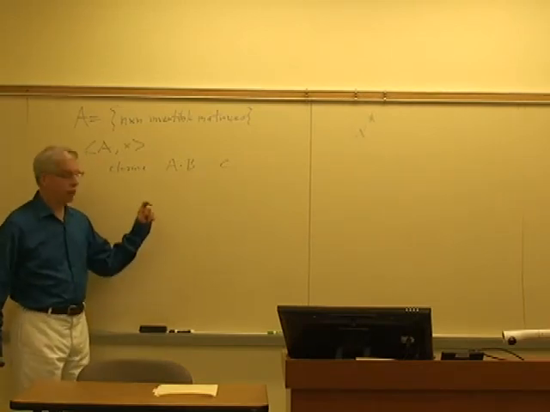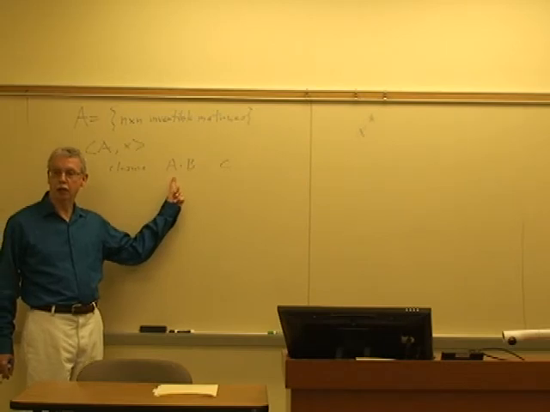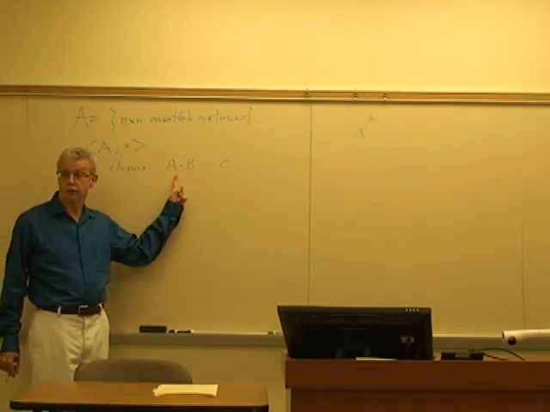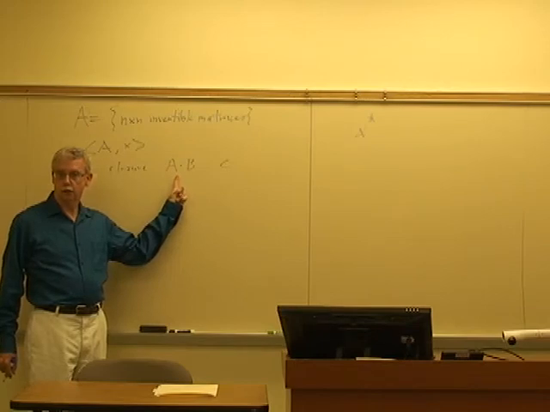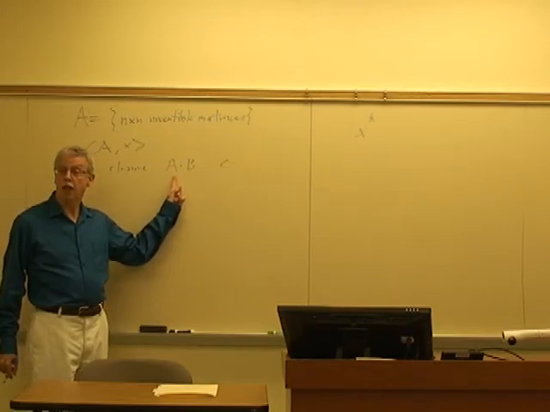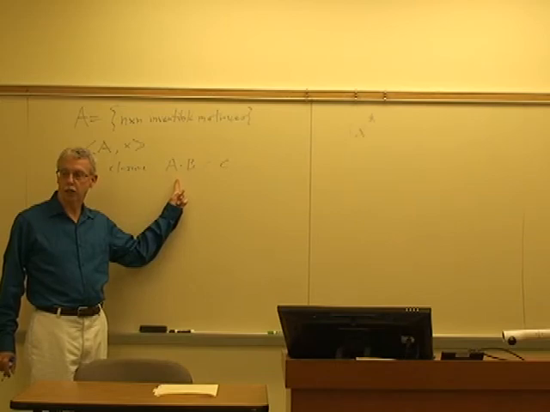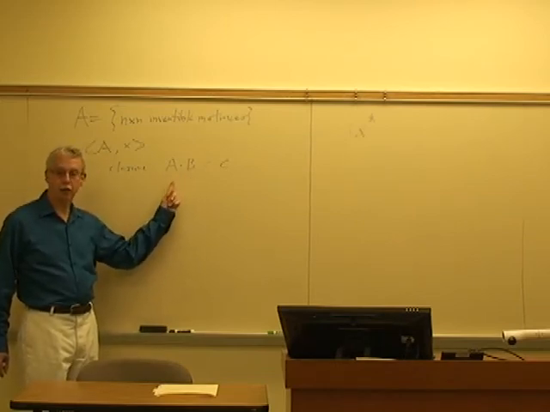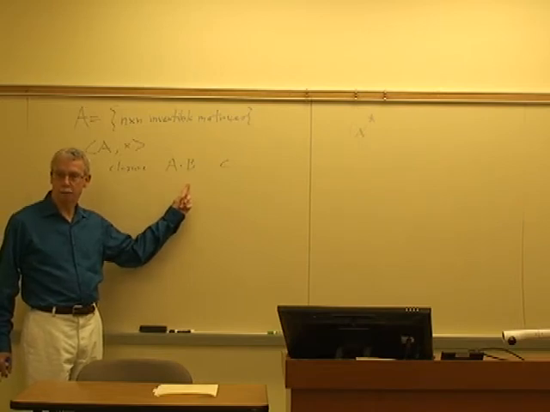What is everything we know about invertible matrices? What's the determinant of an invertible matrix? It can't be 0. What's the determinant of the product of two matrices? Product of the determinants, right?